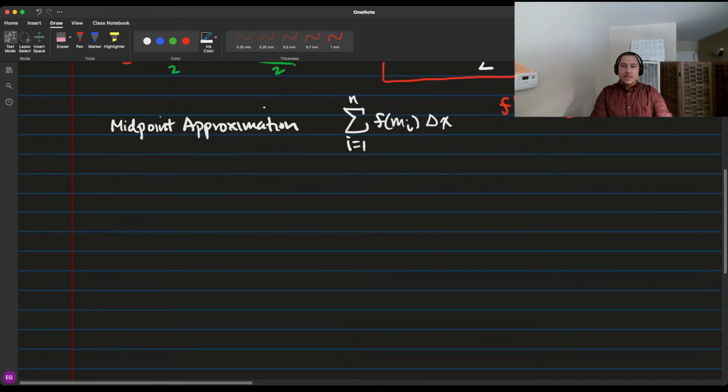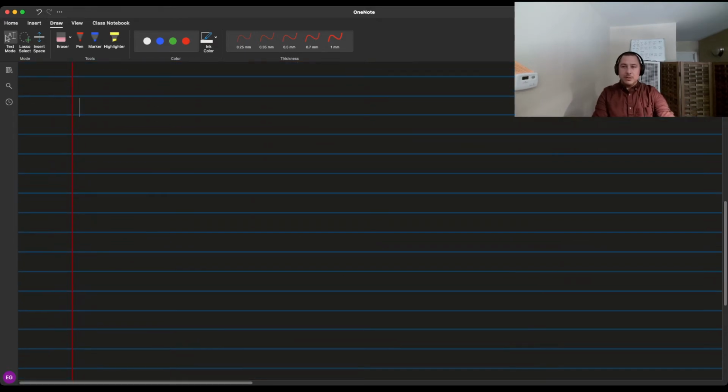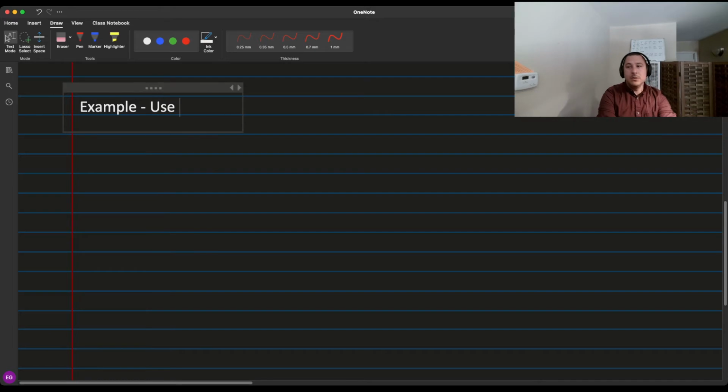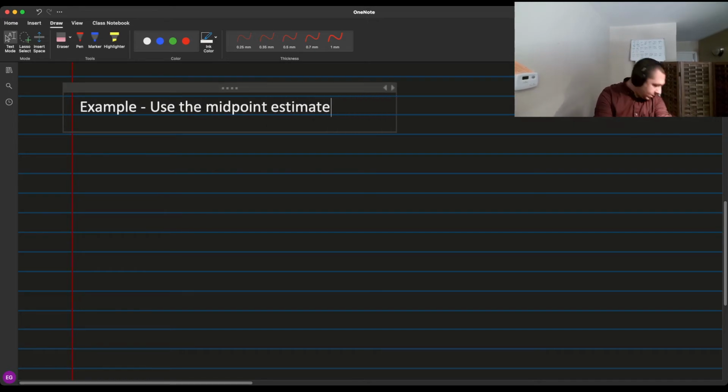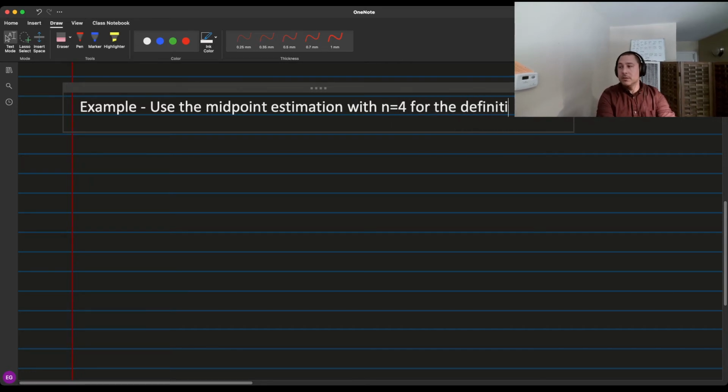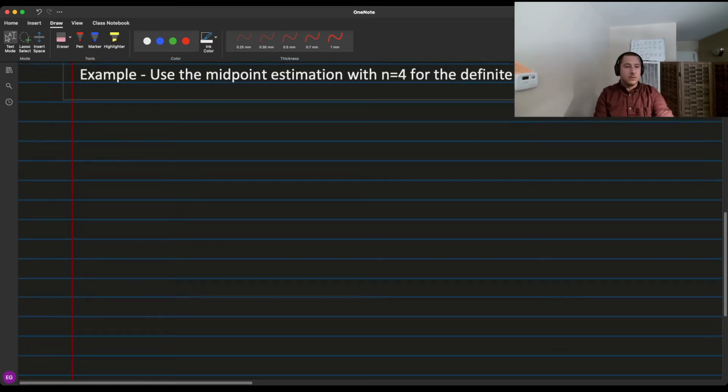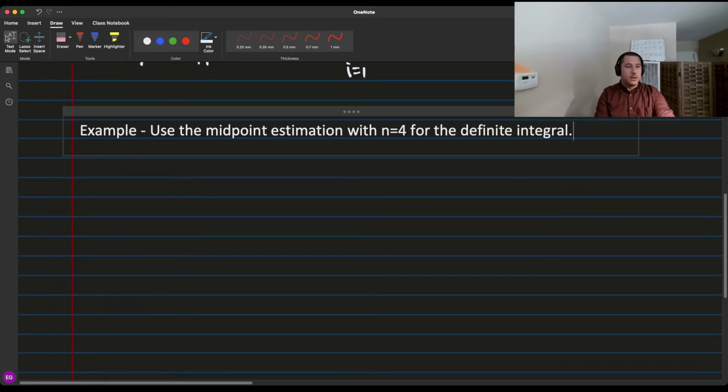Okay, so let's do an example. Let's use the midpoint estimation with n equals 4 for the definite integral. Oops, sorry, let's scroll down. There we go.